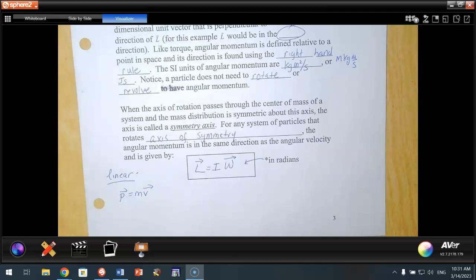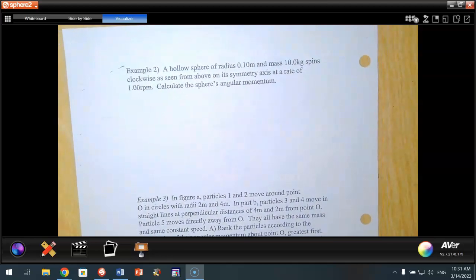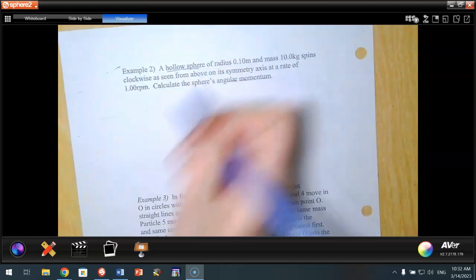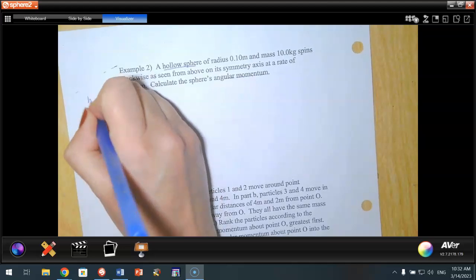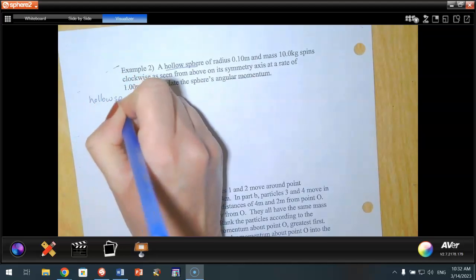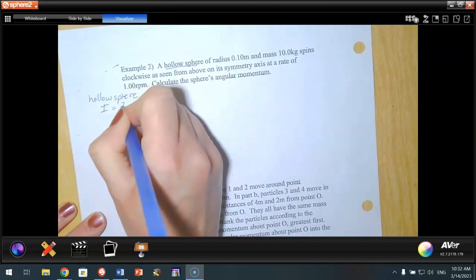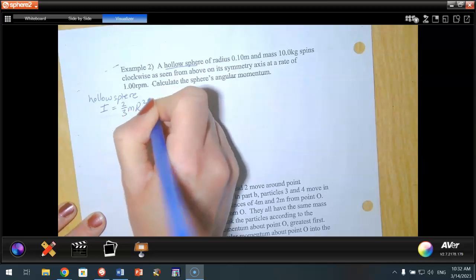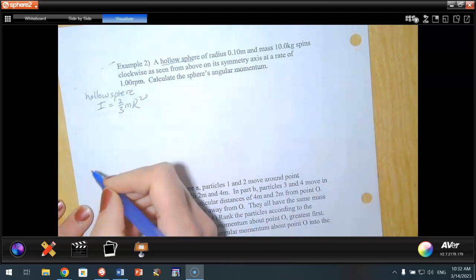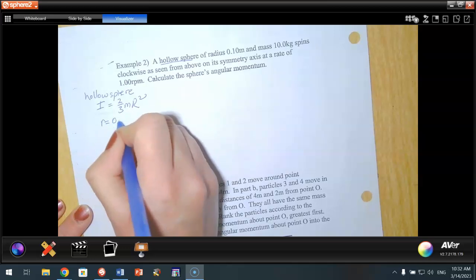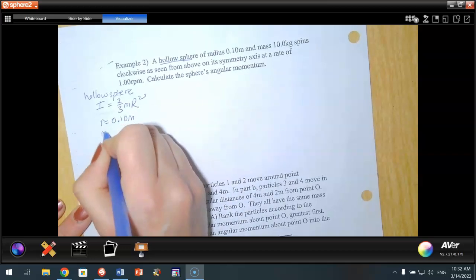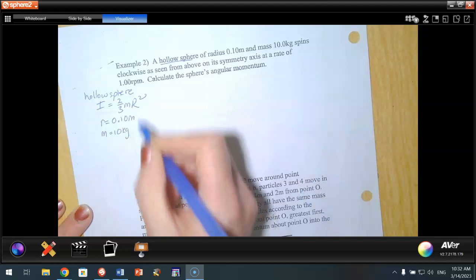So what we're going to do is practice this with a couple different examples. If you go to page 4, example 2, it says a hollow sphere. So that's important, hollow sphere. And you can't forget about those formulas. So the I value for a hollow sphere is 2/3 mr squared, of radius 10 centimeters, or r equals 0.10 meters, and mass 10 kilograms, spins clockwise.